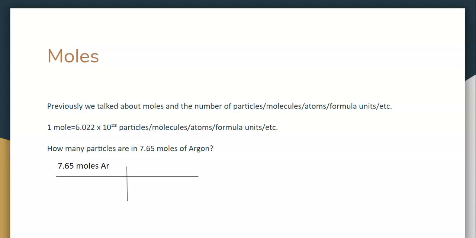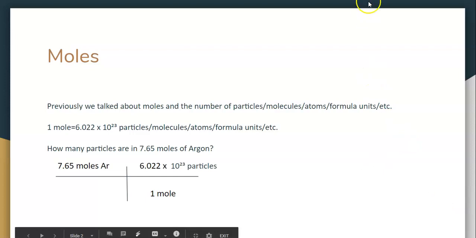I put my given in the upper left corner. The given in my problem is 7.65 moles of argon, and you can see I labeled it. Labels are important. Labels are going to help us as we see that this chart is going to get longer in our questions. To get rid of moles, I'm going to put it on the bottom, and I know that 1 mole equals 6.022 times 10 to the 23rd because here's my conversion factor right here.